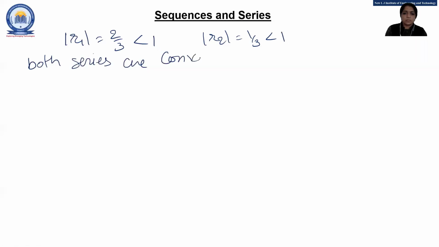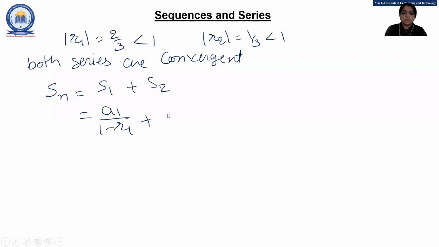So both series are convergent. Now, as both series are convergent, Sn is equal to S1 plus S2. As per the rule, that is A1 upon 1 minus R1 plus A2 upon 1 minus R2.